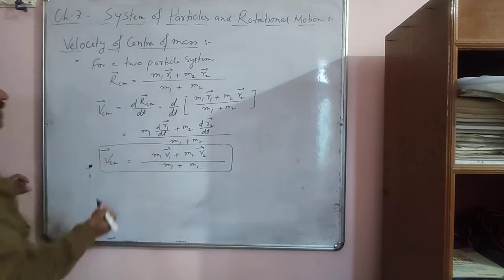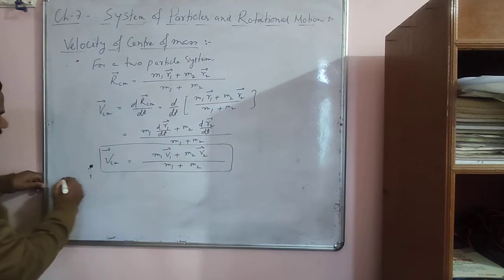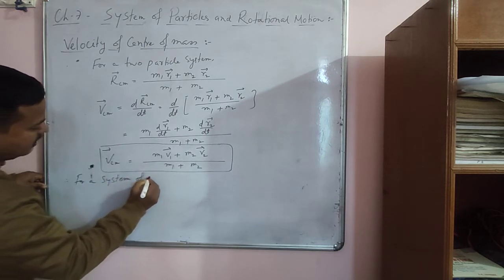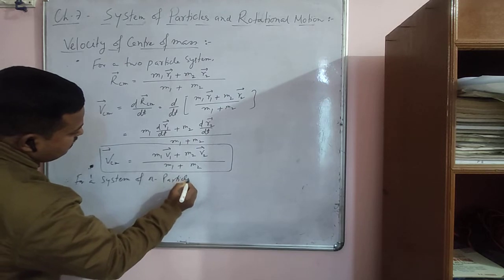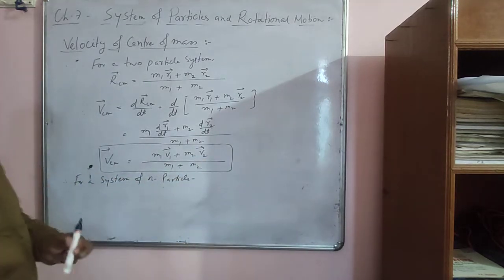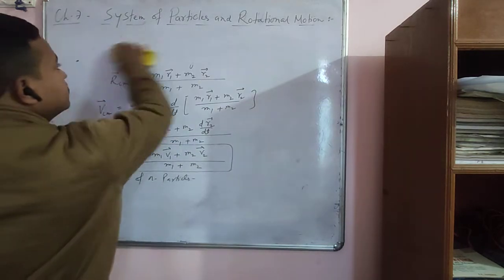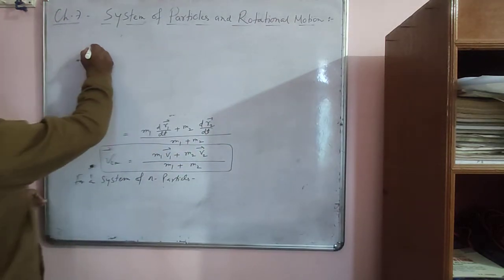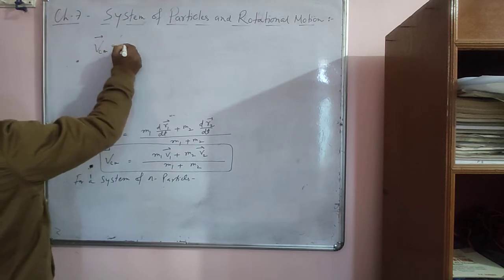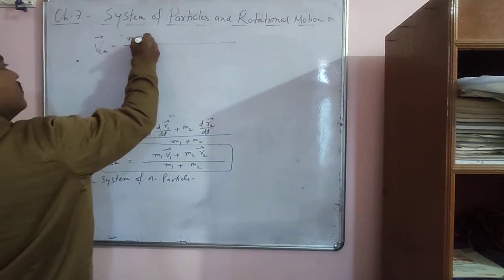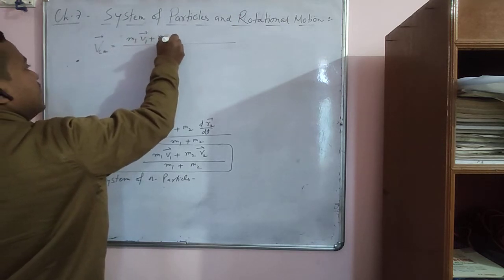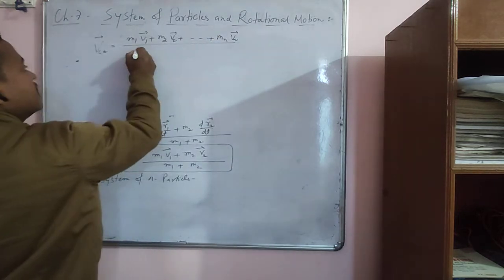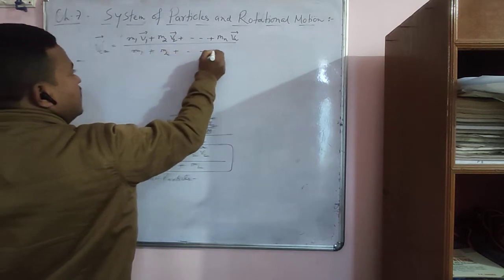Now if we extend it for a system of n particles, the V center of mass you can write as M1 V1 plus M2 V2 up to Mn Vn divided by M1 plus M2 up to Mn.